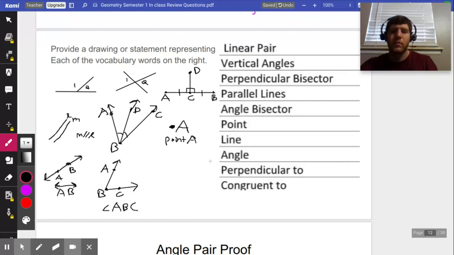Okay, perpendicular to. So for example, if we say AB, and then you put the upside down T. So line AB, for example, is perpendicular to line BC. Okay, that's what that symbol means there. And again, if we go to the shapes, we can draw it out.